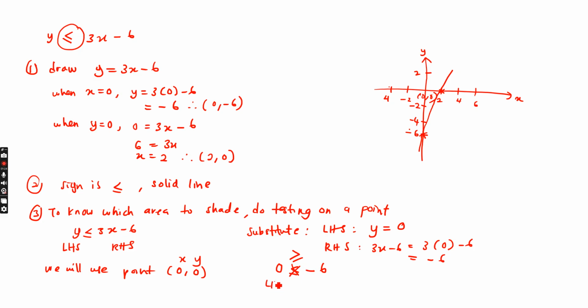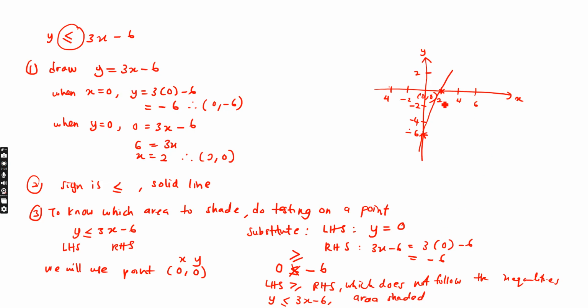So since our left hand side is greater than or equal to the right hand side, which does not follow the inequality of y less than 3x minus 6, the area shaded will not be in the area that has the point 0, 0.